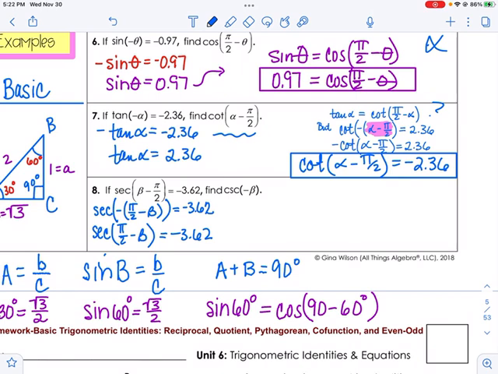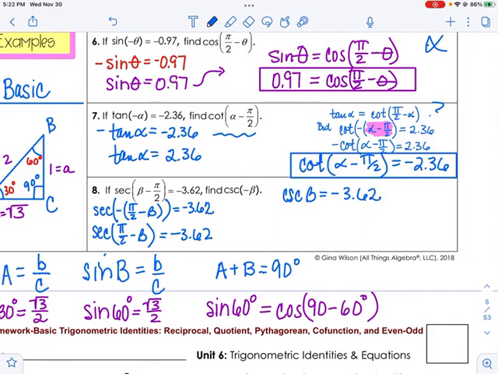So how is that related to the cosecant of beta? Because these are cofunctions, if I set this up, then this should equal negative 3.62.